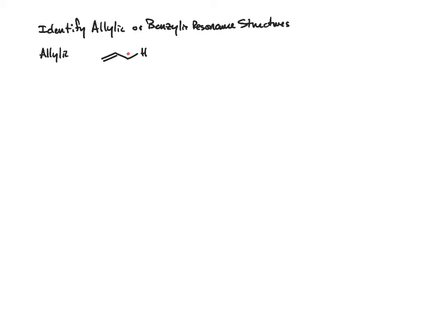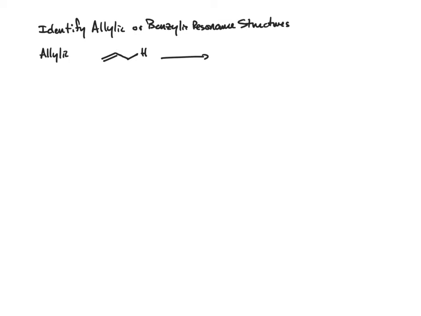So you have an alkene. It's an sp3 hybridized carbon that's bonded to it. That's what allylic means. So if we were to form an allylic radical, I'm actually going to remove that dot so as to not confuse anyone.